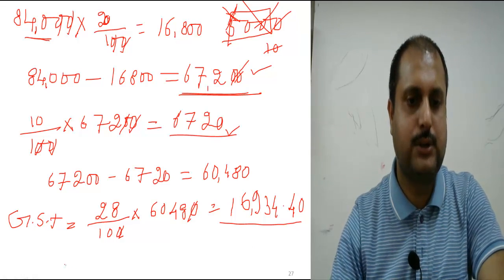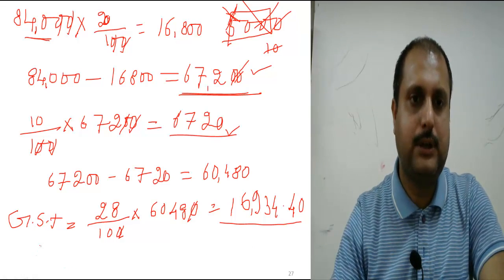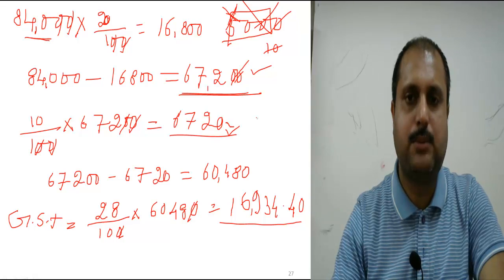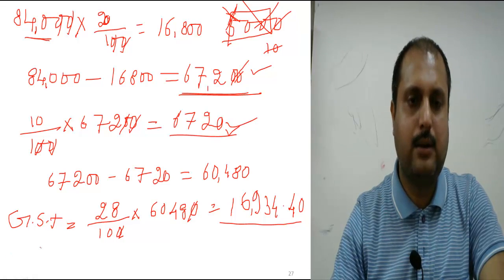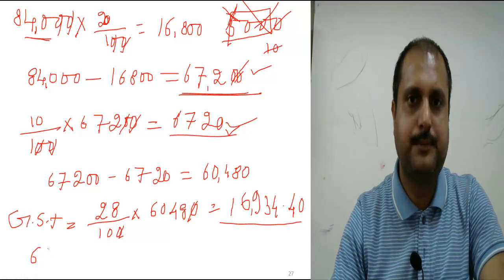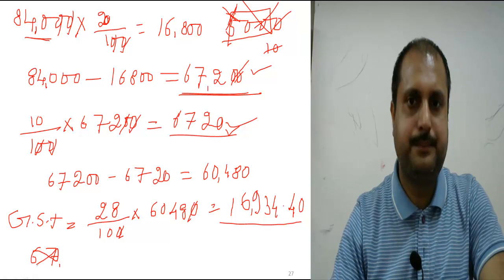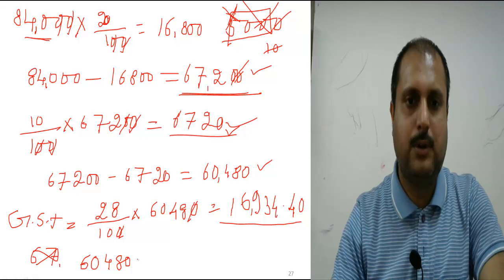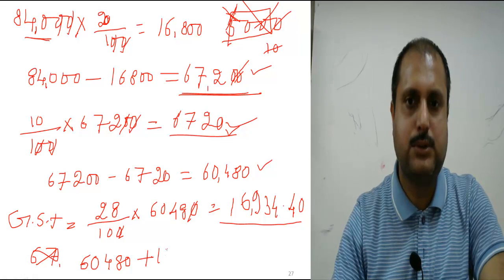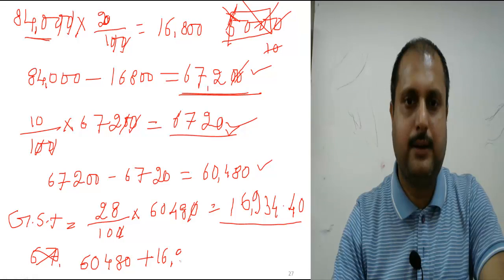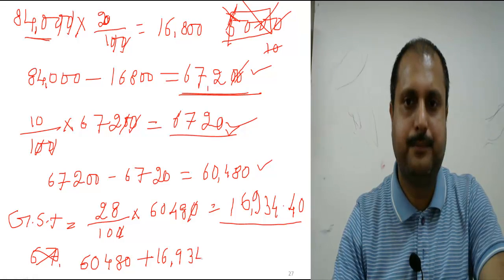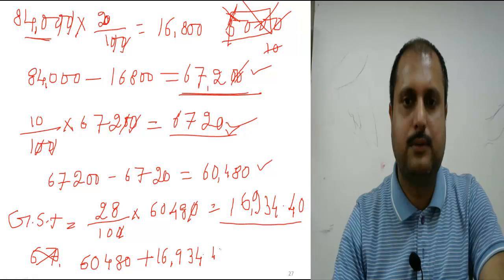Now after the inclusion of the GST into this amount, you have to add 60,480 plus 16,934.40.